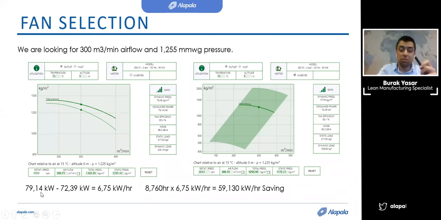So when we do a very easy calculation to see the energy saving, my saving will be 59,000 kilowatt hours in a year. I know that the money we are talking about here cannot even pass the La Casa de Papel series, but at least this is a legal gain, okay?